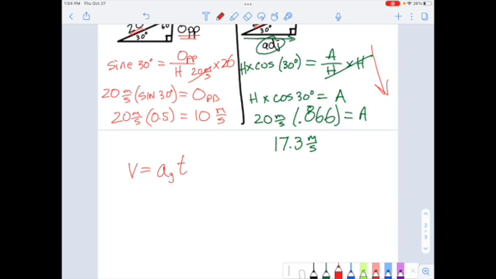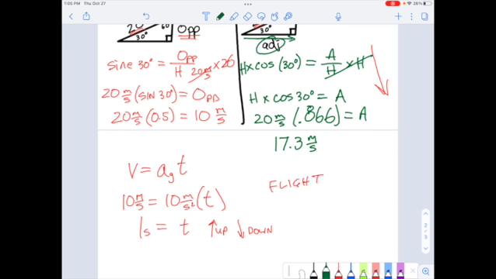We're going to call that negative 10 meters per second squared, and a velocity of 10 meters per second divided by 10 meters per second squared is going to give us a time of 1 second. So it's going to spend 1 second going up and 1 second going down. That means the total flight time, the variable that they share, is going to be 2 seconds.